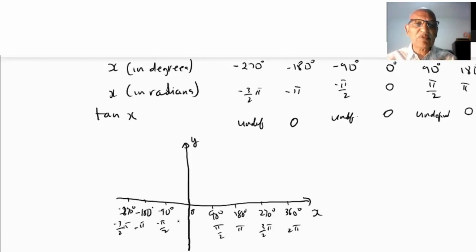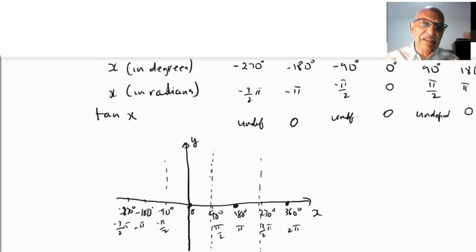Okay, so we have seen from this point 0, tan of 0 is 0, tan of 90 degrees is undefined. Undefined means 90 degrees is an asymptote, a vertical asymptote. 180 degrees is 0, 270 is an asymptote again, 360 is 0, minus 90 is undefined.